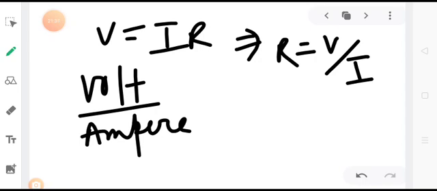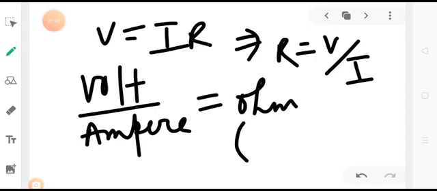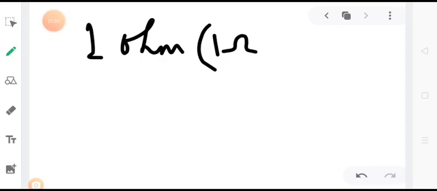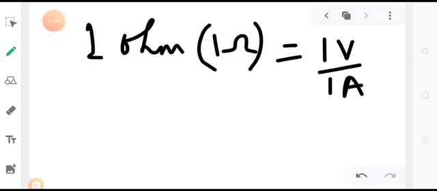So volt per ampere is called ohm, and it is represented by the Greek symbol omega. How to define 1 ohm? One ohm will be equal to 1 volt by 1 ampere.